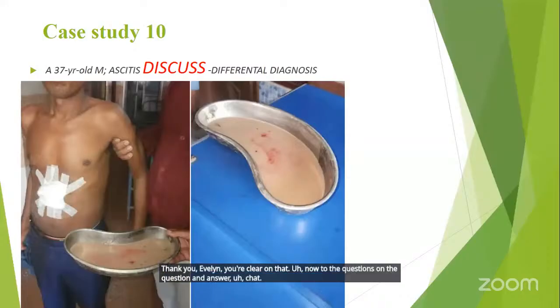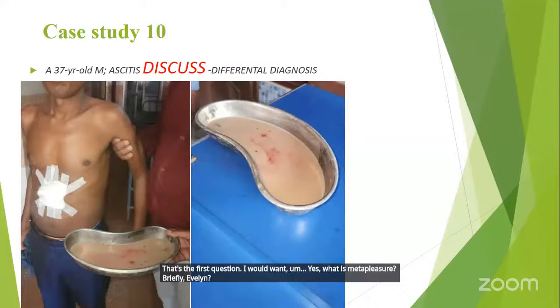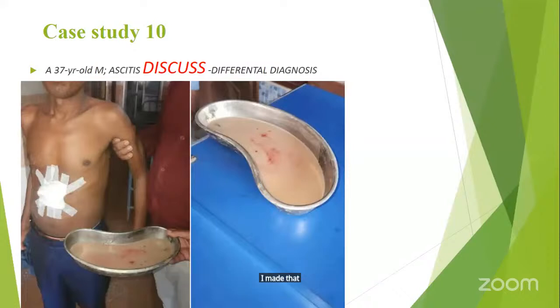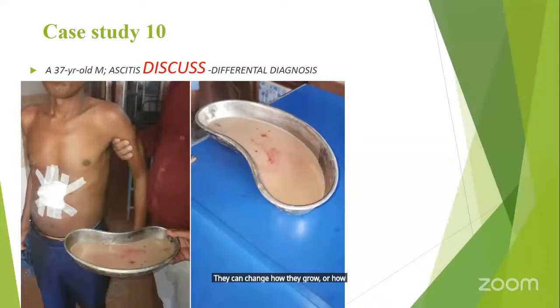The first one is, what is metaplasia? Briefly, Evelyn. Metaplasia is in cell division and growth. Cells grow, but with time, they can change how they grow or how they look based on the surroundings.